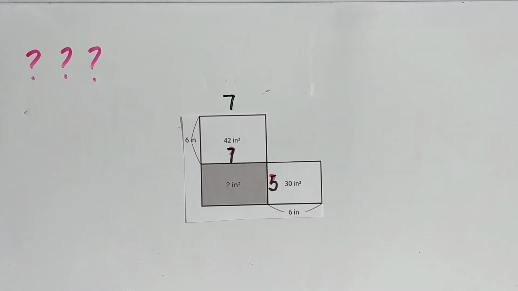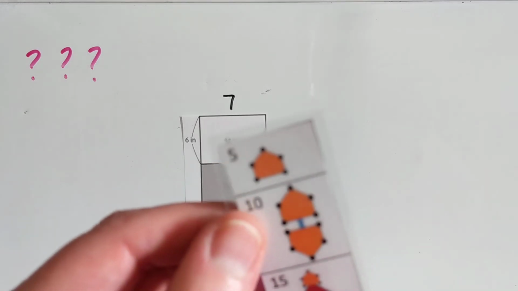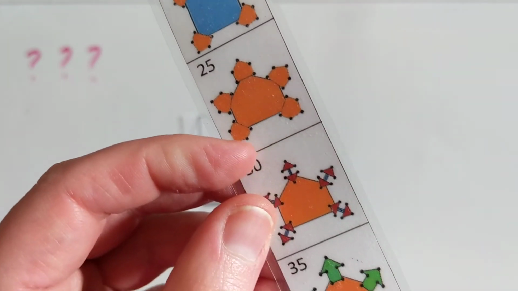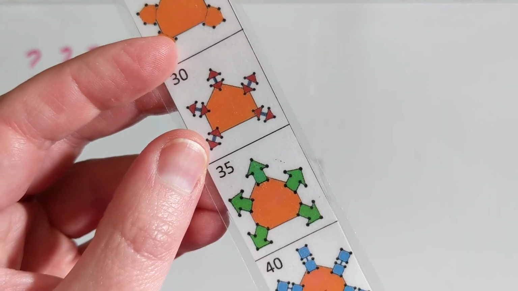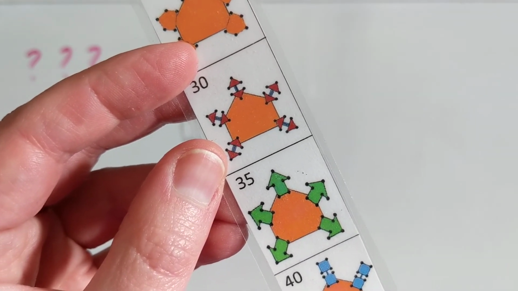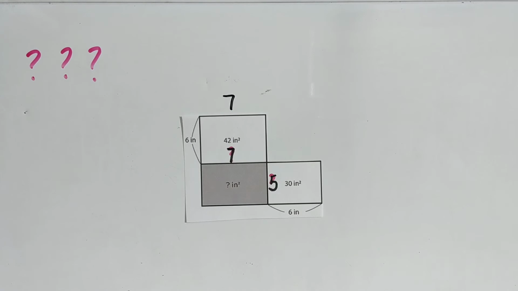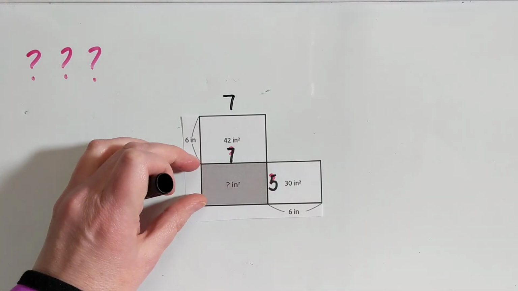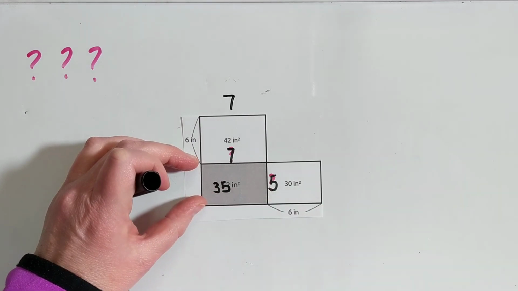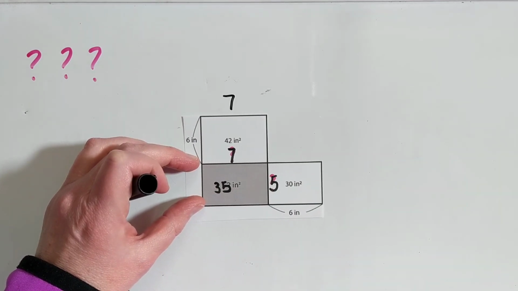So I know 7 times 5, and I'm going to use my 5 strip, or I could count by 5s. 5 groups of 7 gives me 35. So this has to be 35, and I've solved this puzzle.